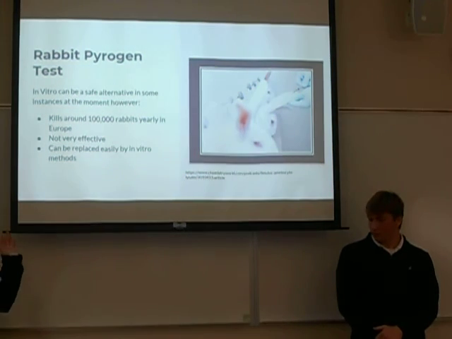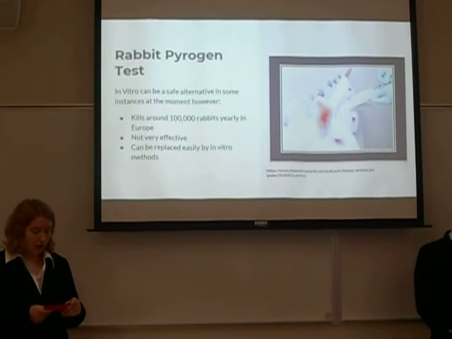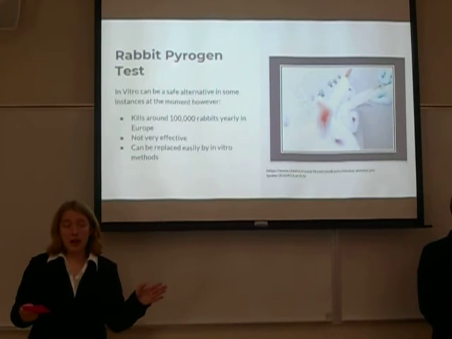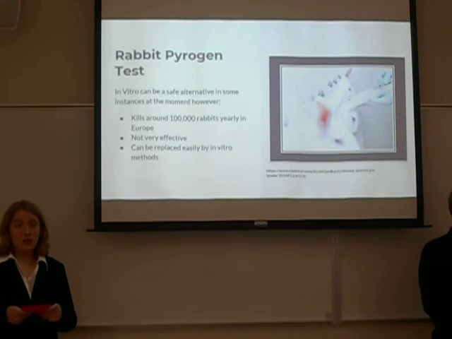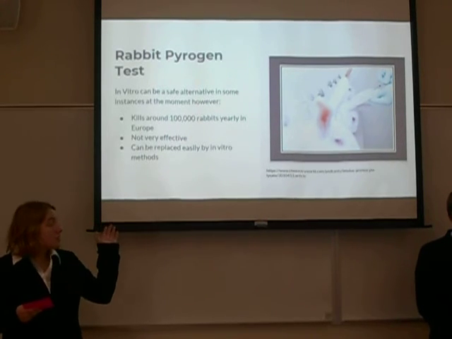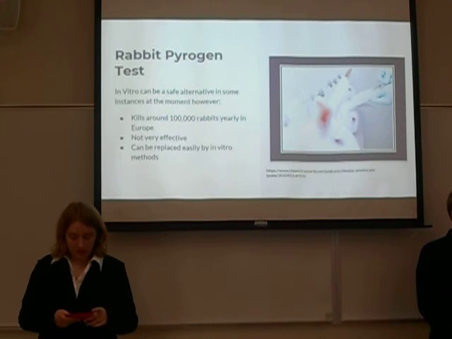Alright, so I'm going to talk a little bit about the rabbit pyrogen test as an example of an in vitro method that is safer and better. So pyrogen is a bacteria that can cause fever if entered into the bloodstream. Generally speaking, rabbits are used to test for this pyrogen because their body temperature rises significantly and it's quite noticeable.